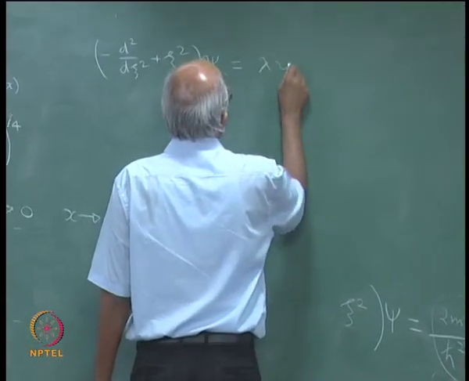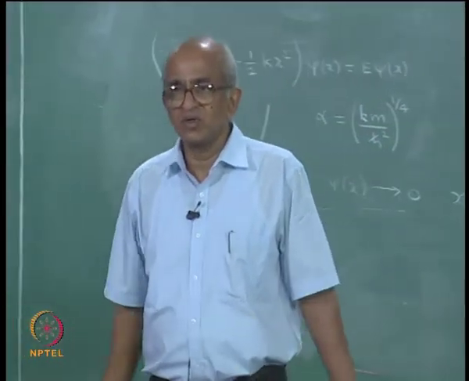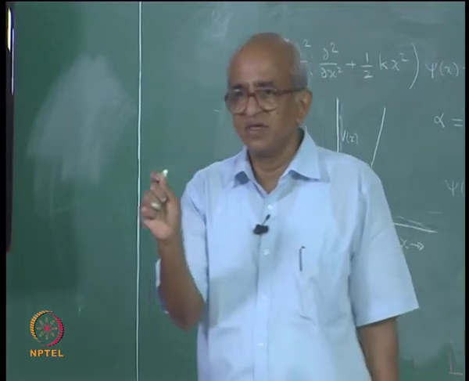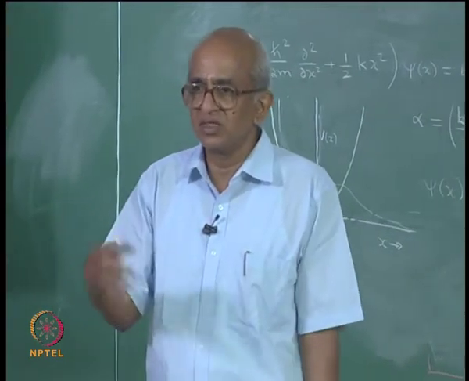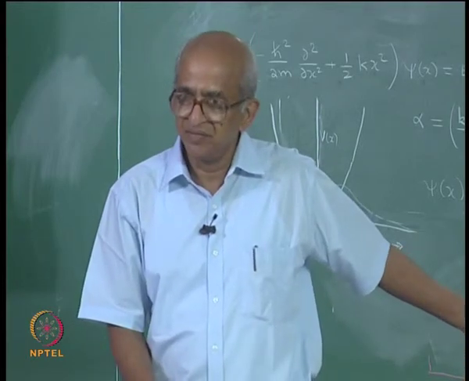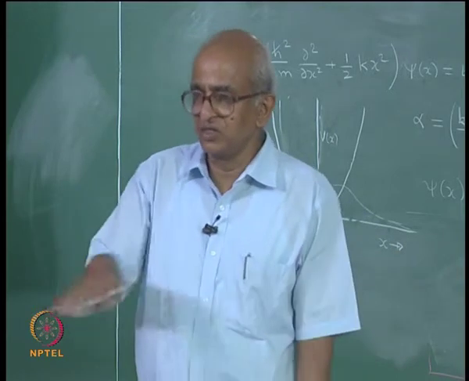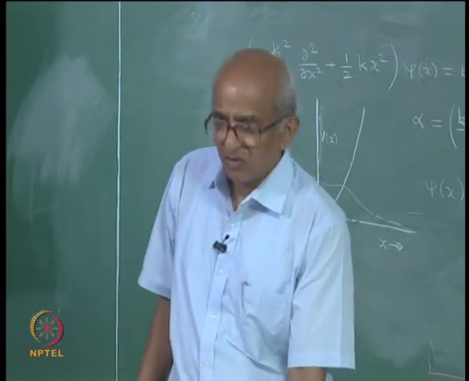So, lambda times psi. And now things are nice because I have only one constant in my equation, and that constant is lambda, and that constant is related to the energy of the particle, correct. It is actually 2E by h nu.